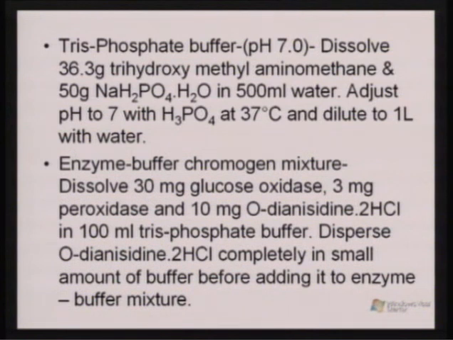Dissolve 36.3 gram trihydroxymethyl aminomethane and 50 gram NaH2PO4 in 500 ml water. Adjust pH to 7 with H3PO4 at 37 degrees centigrade and dilute to 1 liter with water.